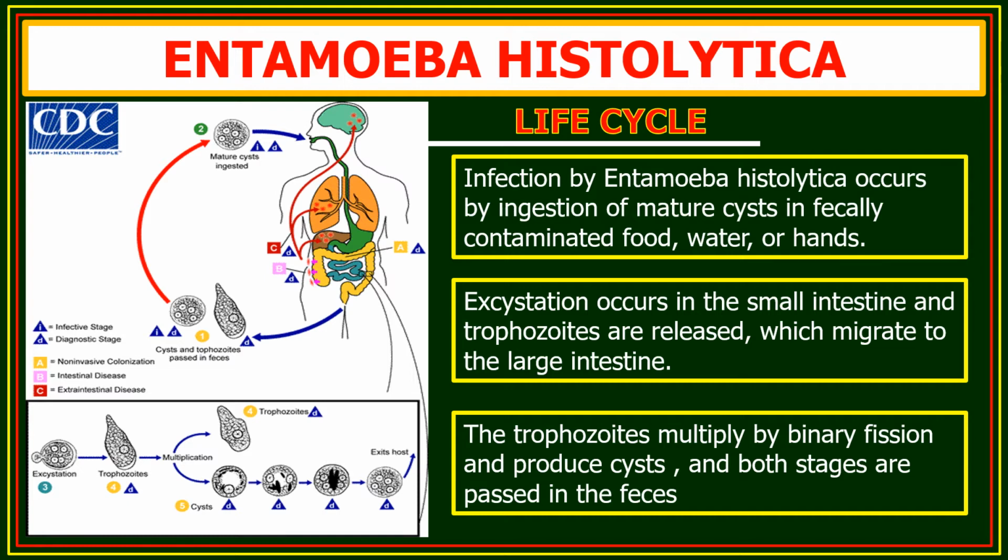Once the trophozoites are released, they migrate to the large intestine. Next, the trophozoites multiply via binary fission, in which the organism duplicates its genetic material and divides into two parts, producing more trophozoites and cysts.